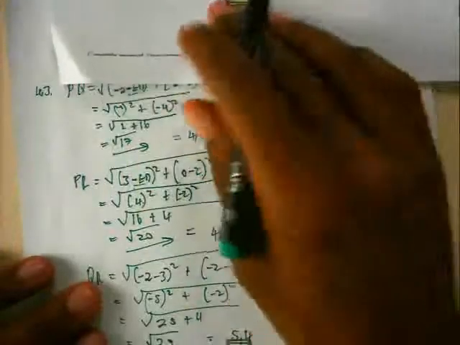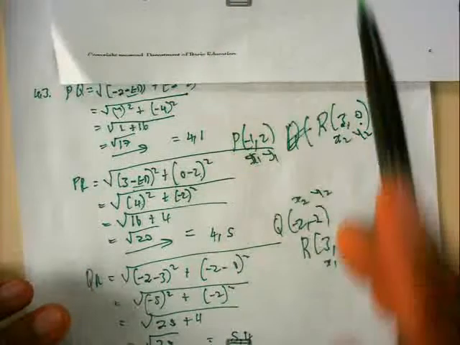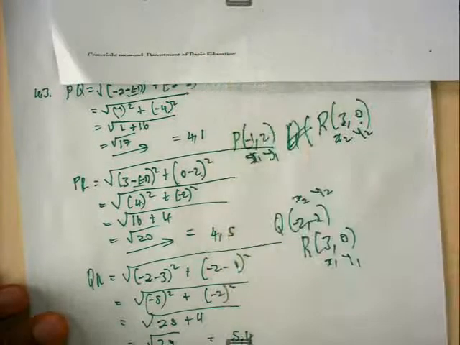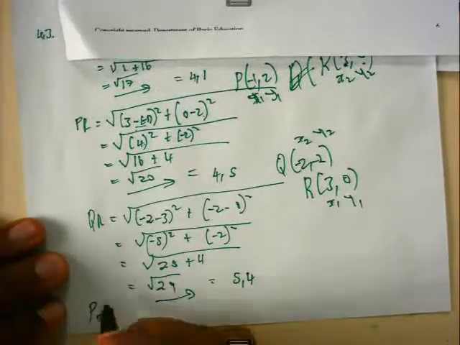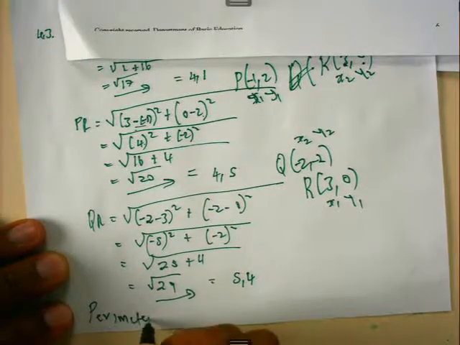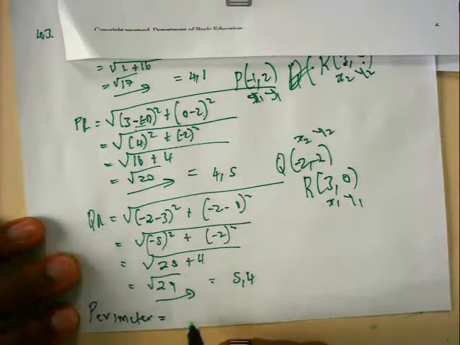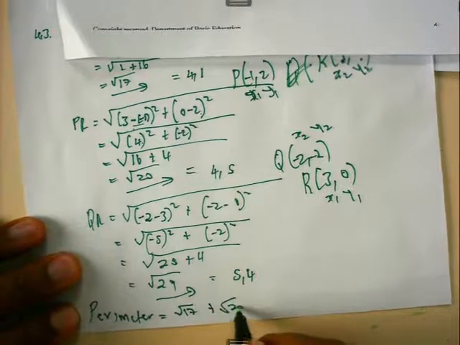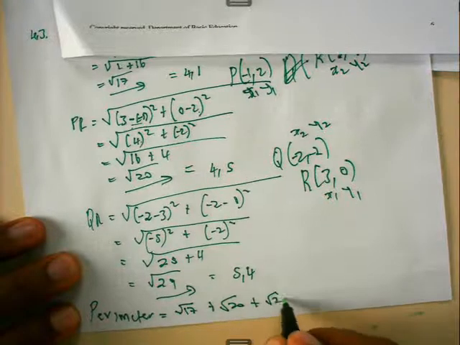What does the question say? The perimeter, that is the distance around the shape. Therefore, the perimeter is equal to the square root of 17 plus the square root of 20 plus the square root of 29.